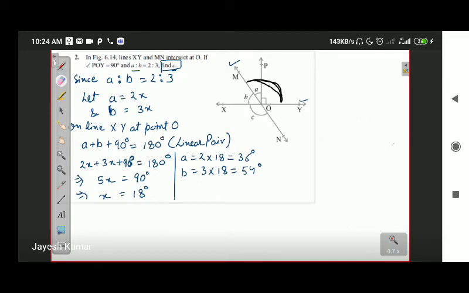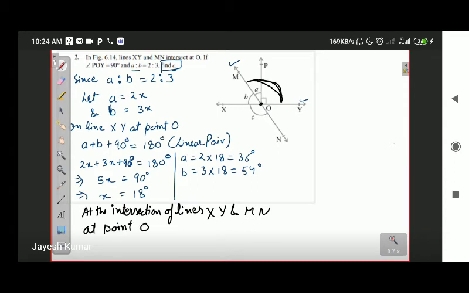So I will write: at the intersection of lines xy and MN at point O, C is equal to angle MOY, and angle MOY is equal to A plus 90 degrees.